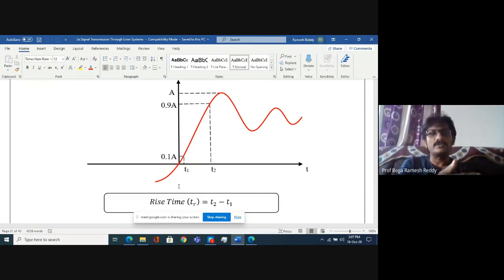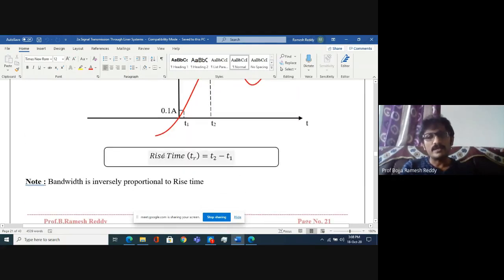If the response is changing from 0 to 100%, for settle the response, take 10%, means the minimum value, 10% to 90%. How much time required for the response to reach from 10% of maximum value to 90% of maximum value? That is the difference between t2 and t1. That is t2 minus t1 is called rise time. It is measured in seconds.